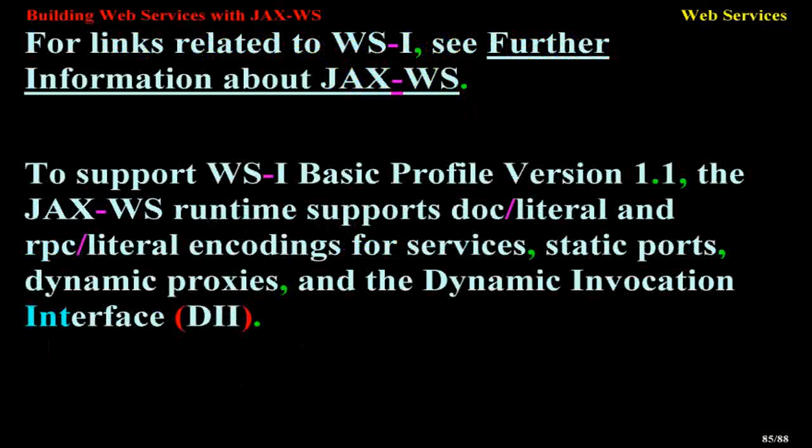For links related to WS-I, see Further Information about JAX-WS. To support WS-I Basic Profile Version 1.1, the JAX-WS runtime supports doc/literal and rpc/literal encodings for services, static ports, dynamic proxies, and the dynamic invocation interface.